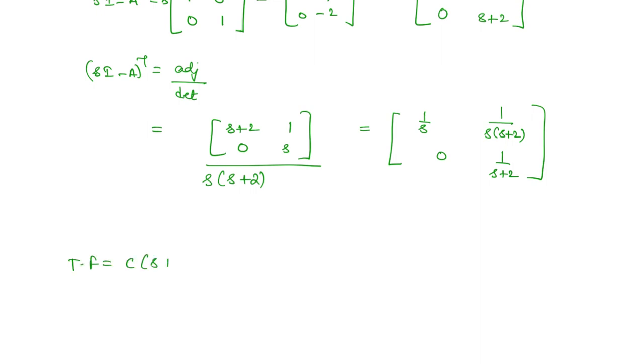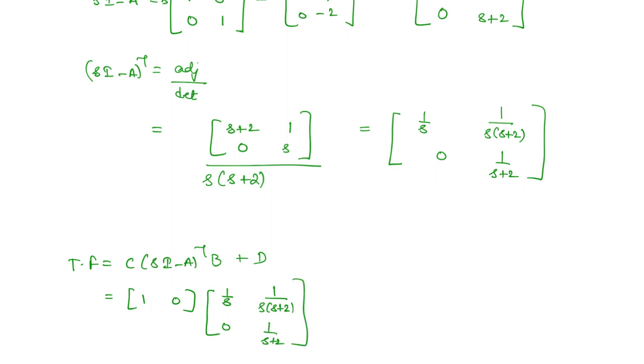C into (sI minus A) inverse B plus D. C is given as [1, 0]. (sI minus A) inverse we have found out as [1/(s(s+2)), 1/(s(s+2)); 0, 1/(s+2)]. And what was B? This was [0; 1].